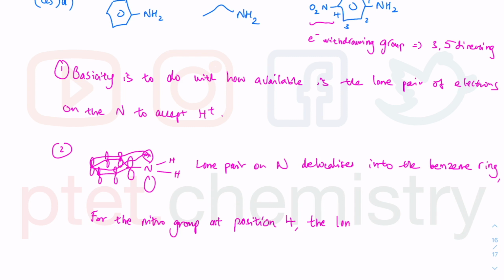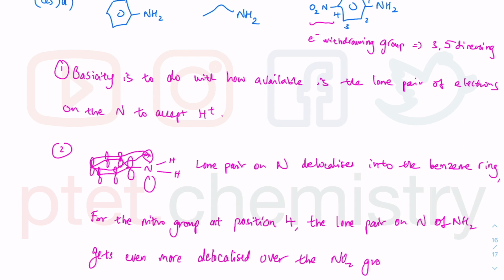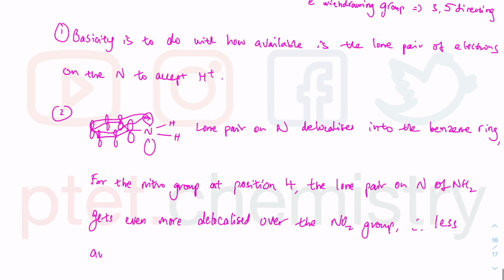The lone pair on the nitrogen of NH2 gets even more delocalized over the NO2 group, therefore less available, meaning to say the lone pair on the 4-nitrophenylamine is actually less available to accept H+ than just phenylamine.